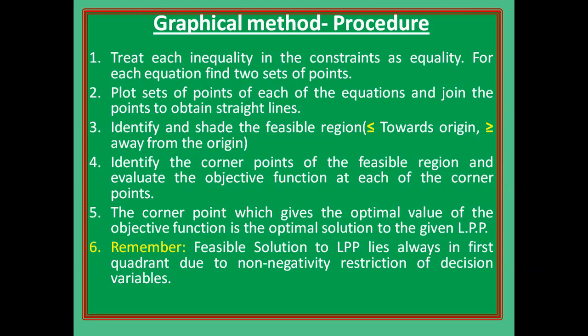One set of points may be joined to another set of points later, which will lead to wrong conclusions. So better first obtain 2 points, plot them on the graph and join them as a straight line, and then in the similar fashion plot and join the next constraint's 2 sets of points.